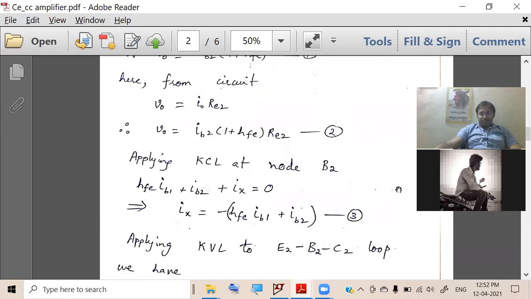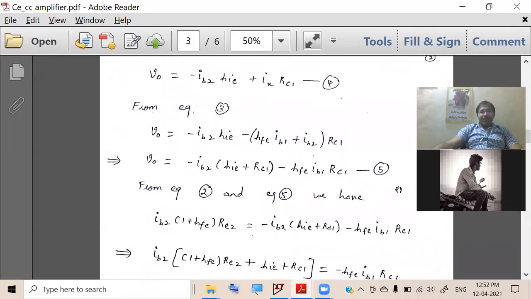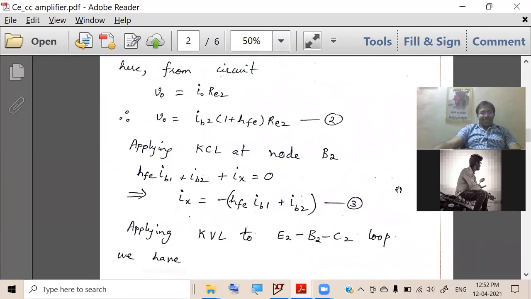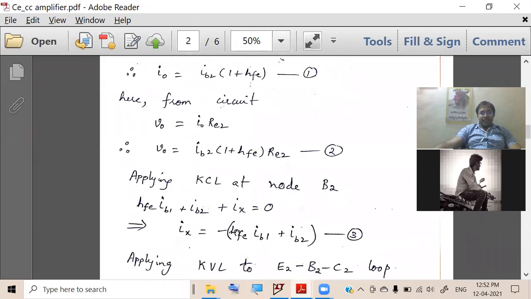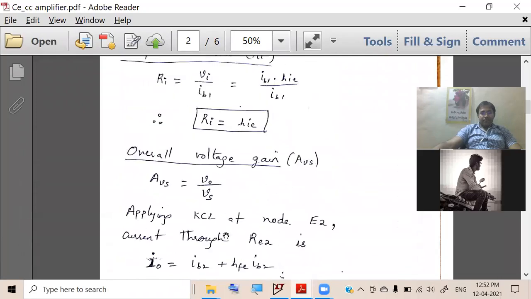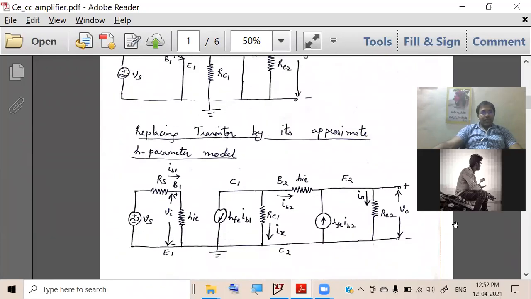Next, as I told you, our present task is to see where IX is. Here, IX is in this loop. Now, if I want to eliminate IX, one expression for IX I just got. If I get one more expression, then it is easier for me.